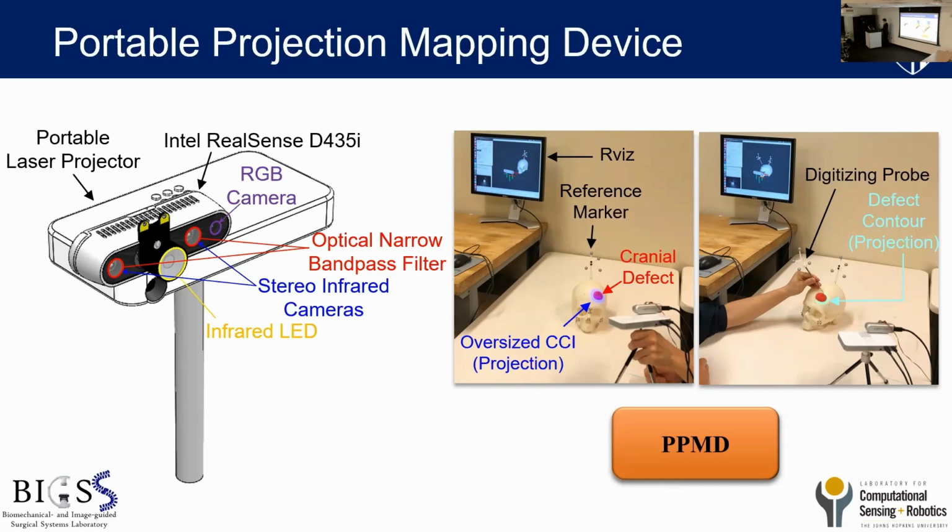The picture on the right demonstrates the application of the PPMD device in single-stage cranioplastic. After registration, it can project an oversized implant over the defect on top of the skull at the right location. And the surgeon can use the surgical instrument to trace the defect, and then it can project the collected defect onto the skull.